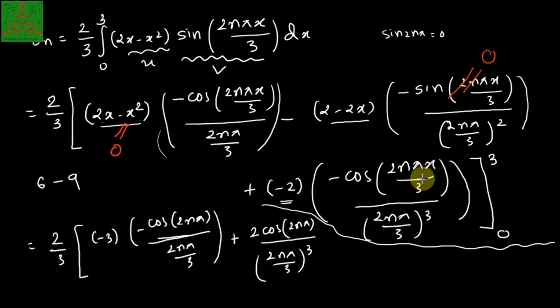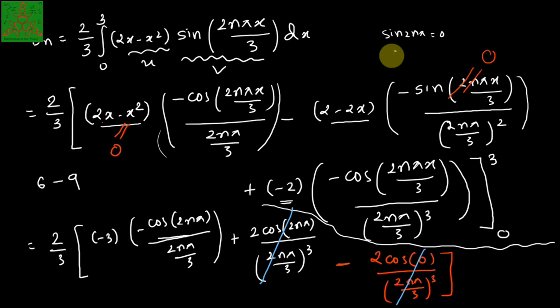And this quantity is left, and there will be a 3 times minus will come, so that's why it is minus. I substitute 0, cos 0 is there, and so the quantity left will be cos 0 upon 2n pi, and you just note that these two quantities will get cancelled out because cos 2n pi is 1 and cos 0 is also 1.